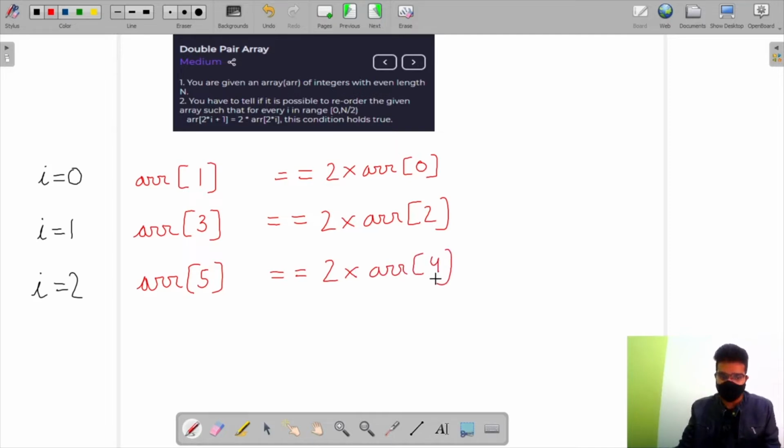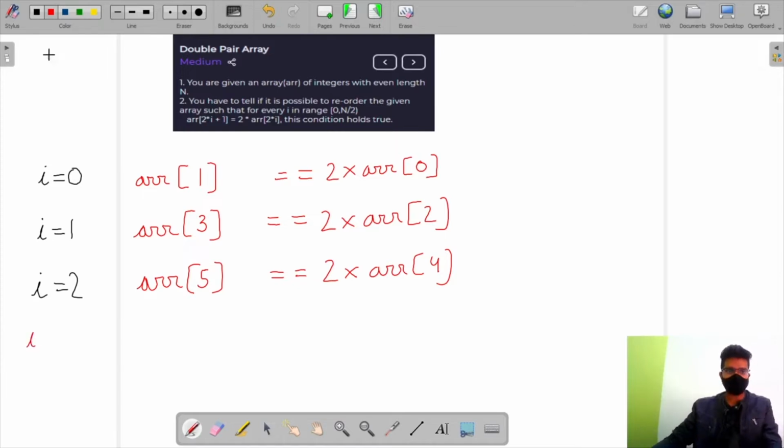What this basically represents is that the value at the fifth index, the fourth index value should be the double of it. Same here, whatever the value is on the third index, the second index value should be double of it. Again, whatever the value is at the first index, the 0th index value should be double of it.